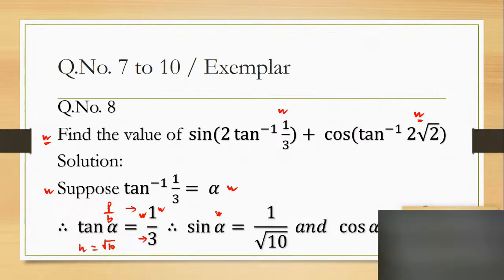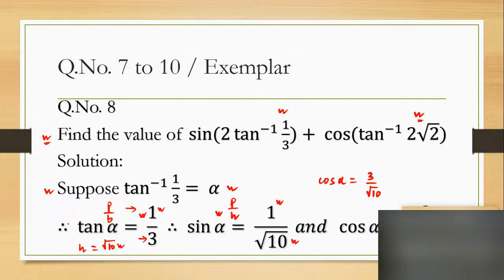We know that sine alpha equal to p by h. Instead of p we have 1 and h equal to under root 10. Similarly, cos alpha equal to b by h, and the value of b is 3, so it will be 3 by under root 10. Hope there is no problem to understand the details of this step.